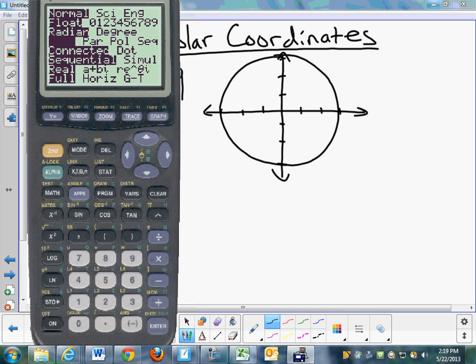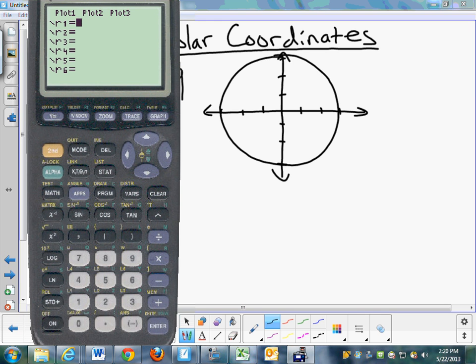And we're going to do parametric later on, but right now we're going to go over to polar and press enter. Now, if you go to y equals, you can see that instead of having a y, you have an r. What is your radius value here? 3. I press 3 for my radius, and I press graph, and what do you know? Look at that.